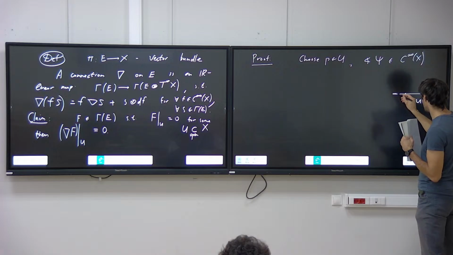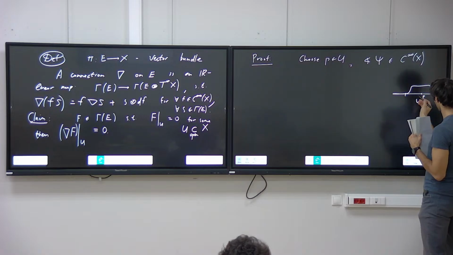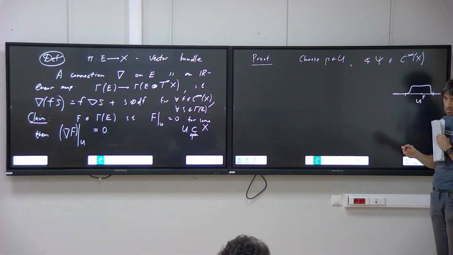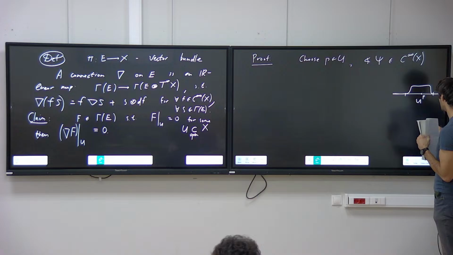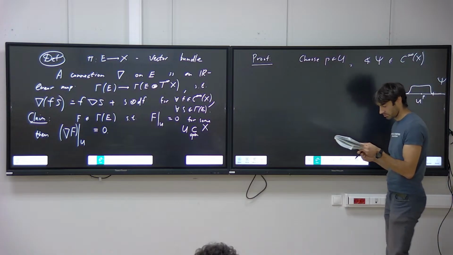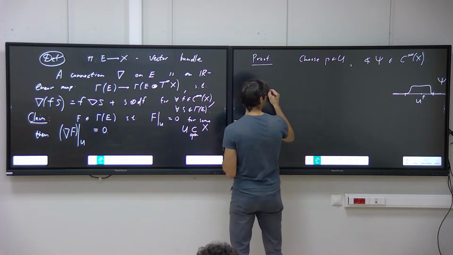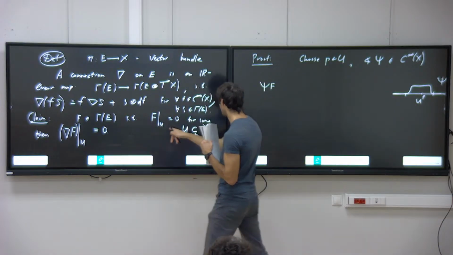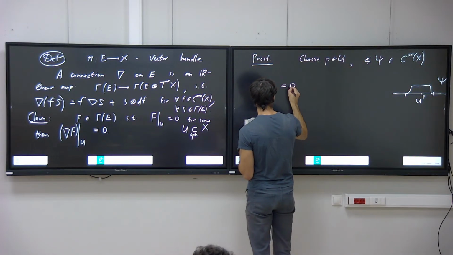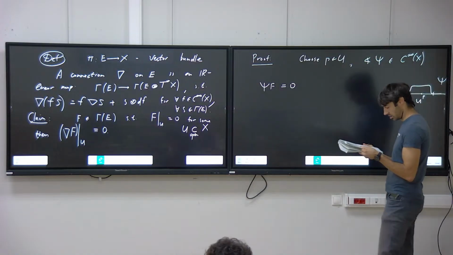Outside of U the function is 0, and in some neighborhood around P it's 1. This is my psi. I think we called this a bump function. Then I know that psi times F, because of this condition, is identically 0 on the whole manifold X.